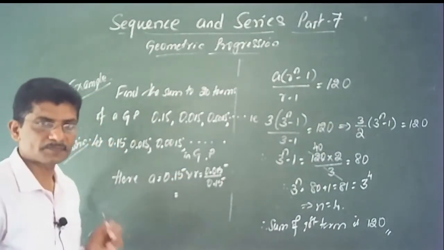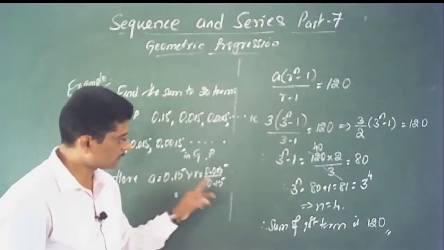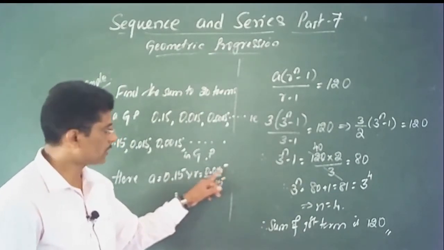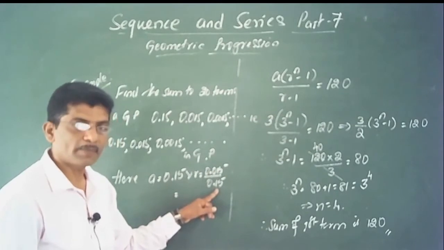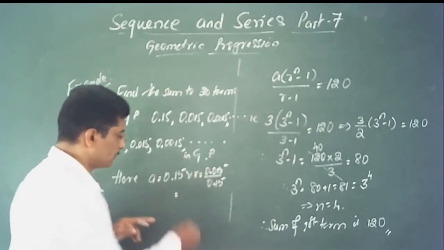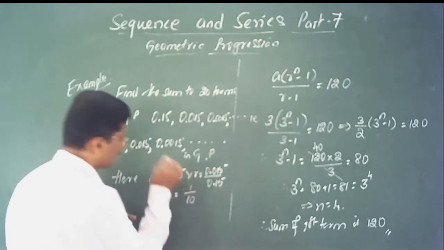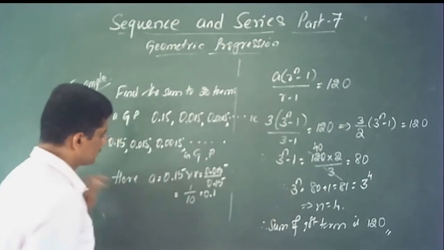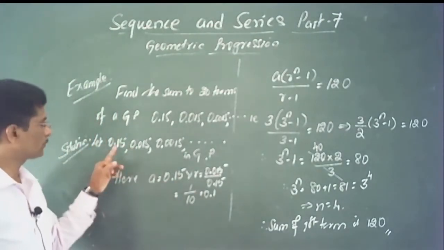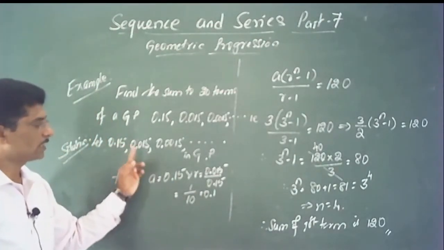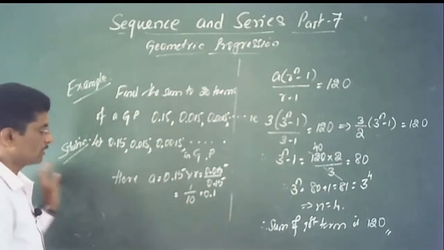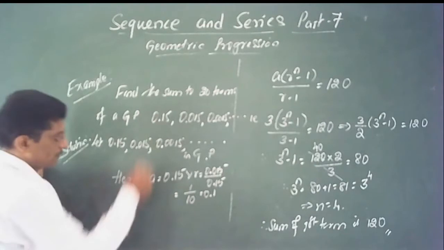Multiplying by 1000, you get 15 divided by 150, it means 1 divided by 10. Or you can say that 0.1 is the common ratio. Multiplying by 0.1, you get the next values. Directly you can write the common ratio is equal to r.